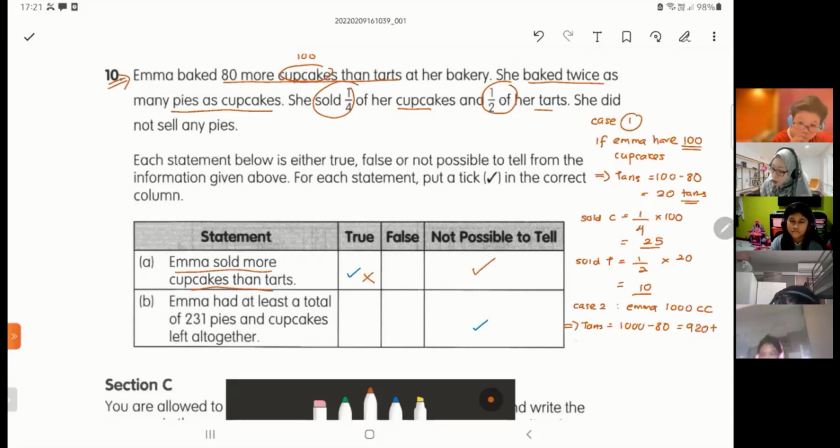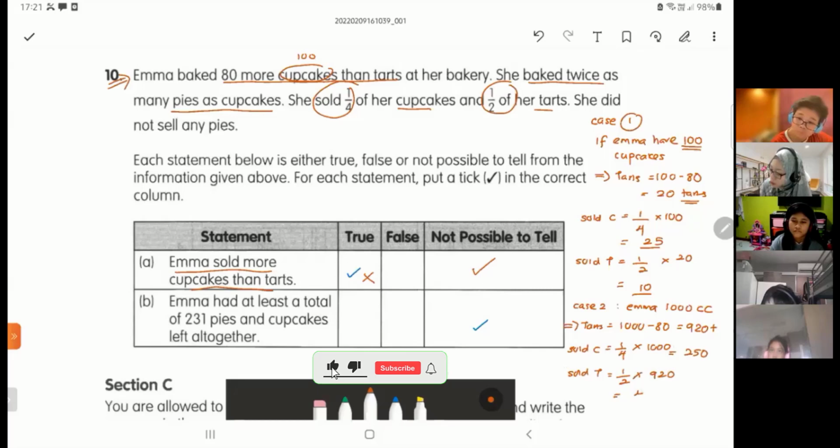When she sold the cupcakes, it will be 1/4 of 1,000, which gives me 250. Then the tarts sold will be half times 920 equals 460.